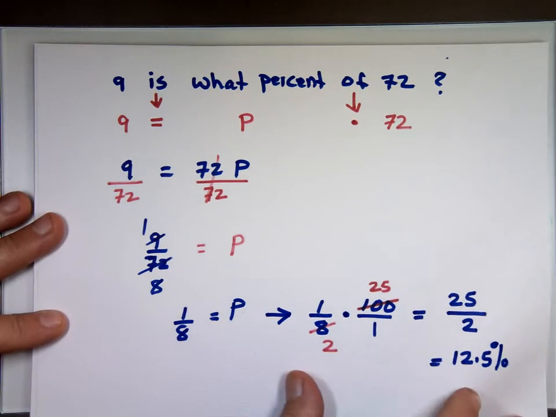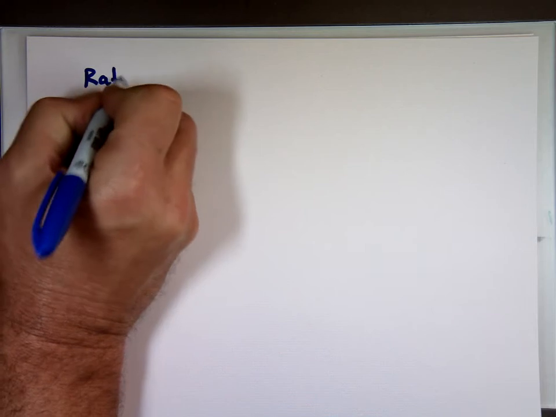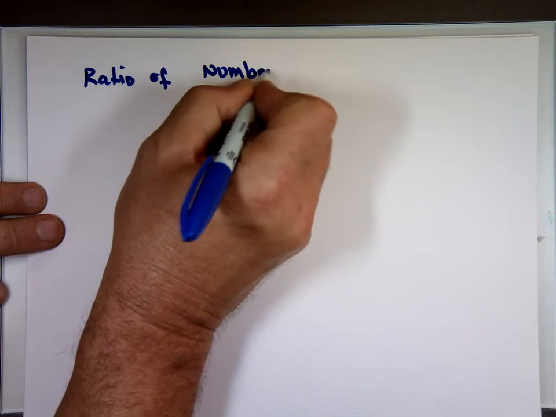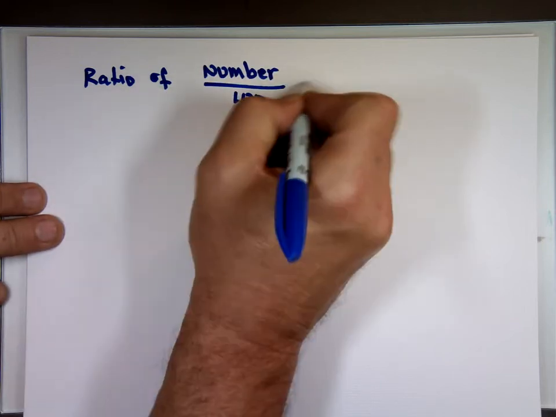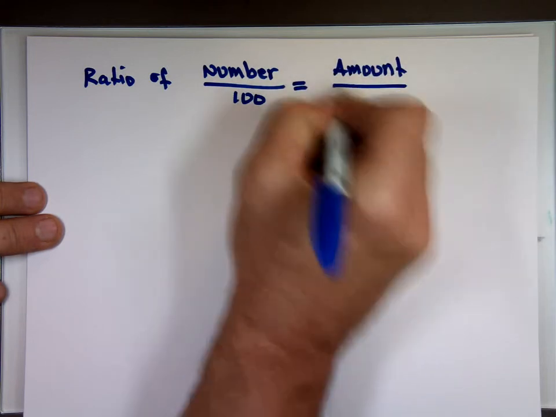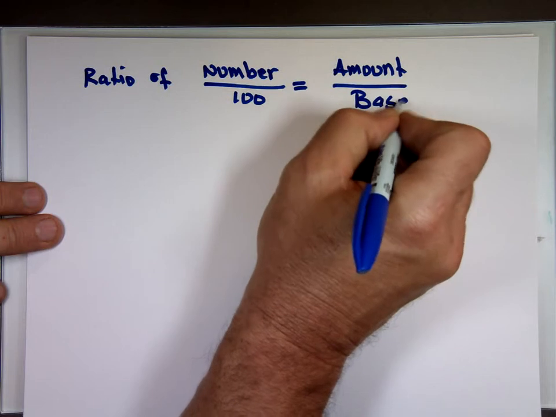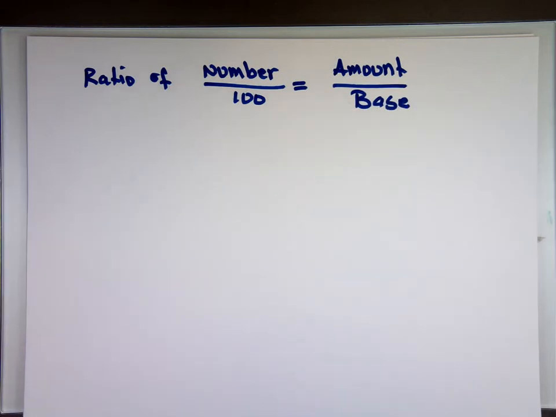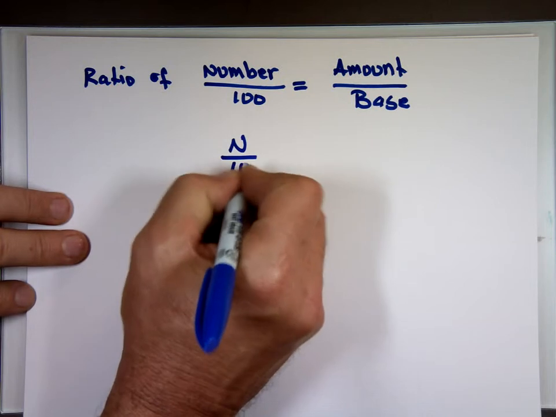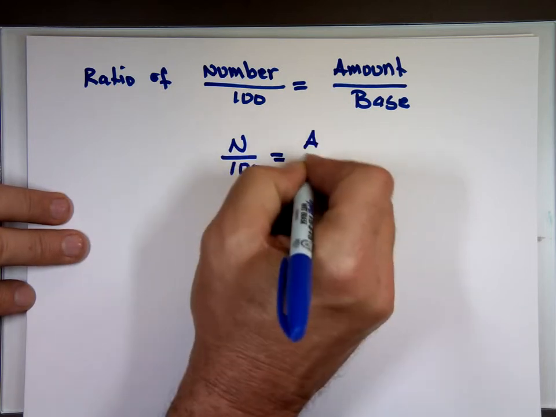Now, the way proportion works, it says the ratio, which is division, of the number to 100 is the same as the amount to the base. That's the equation we're going to use. To me, that's too much writing. So I write that the number to 100 is the amount to the base.